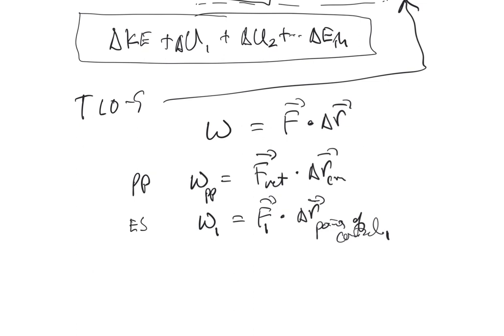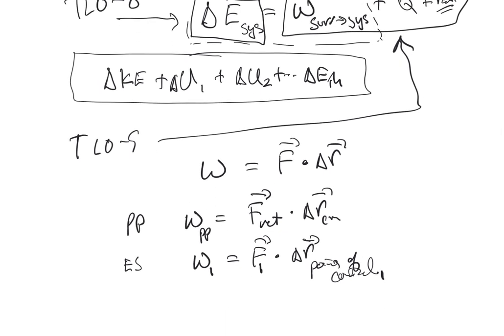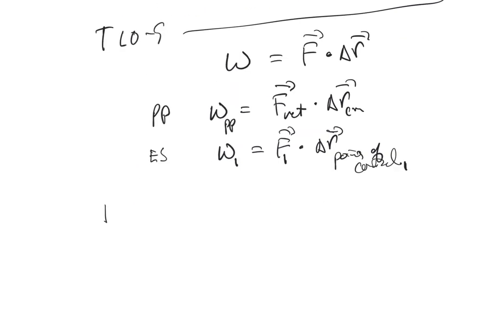And if there's another force, it would be force 2 dotted into the displacement of the point of contact of force 2 for the extended system. But TLO-9 is all about the right-hand side of the energy principle. And finally, TLO-10, this is use the energy principle to make inferences about the initial state, final state, work done, or energy transfer between a system and its surroundings.